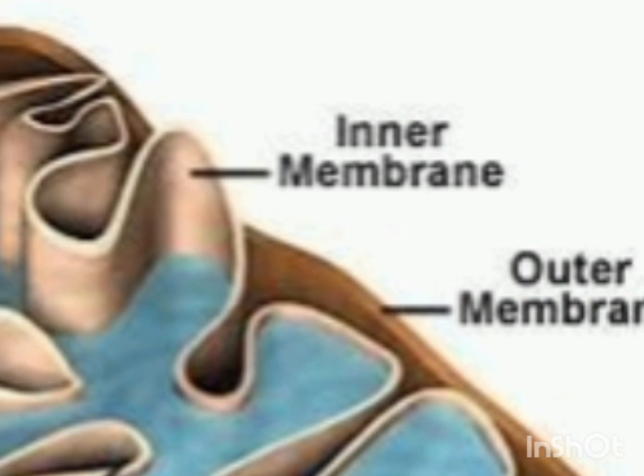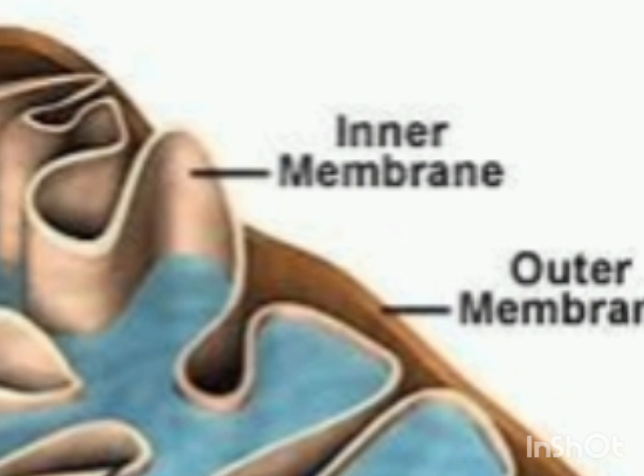Second is the inner membrane. The inner membrane lies just inside the outer membrane and is highly specialized. The first feature is that it is highly selective and less permeable, and it is rich in proteins involved in ATP production.